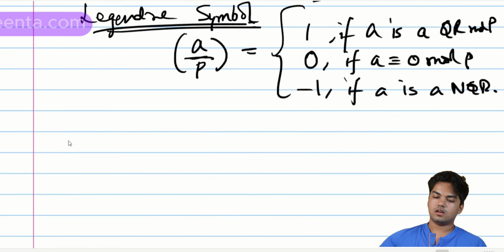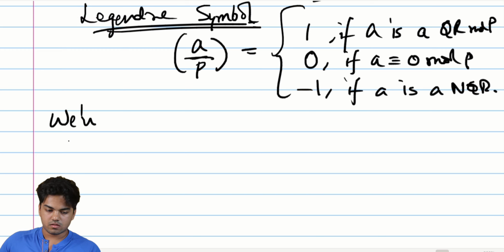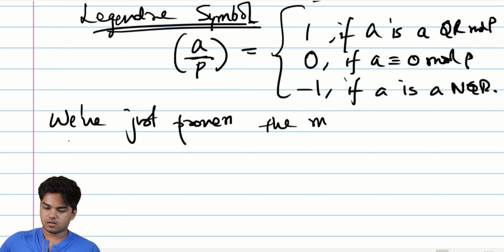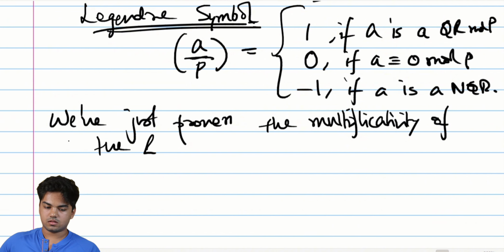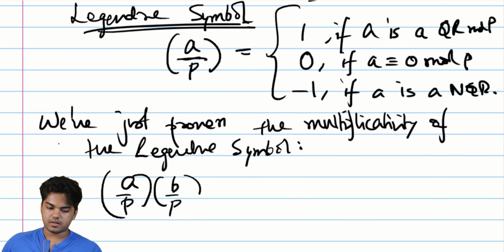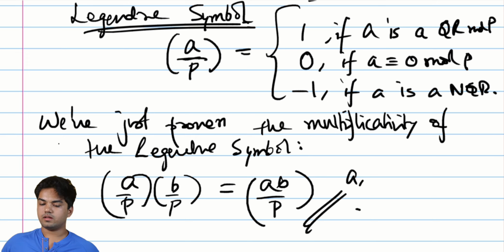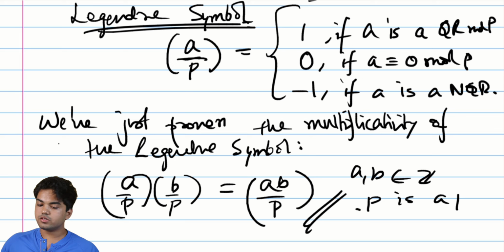What we've just proven is the multiplicativity of the Legendre symbol, by which I mean A by P times B by P is straight up equal to AB by P, where A and B are integers, and P is a prime. We've just shown this, right?